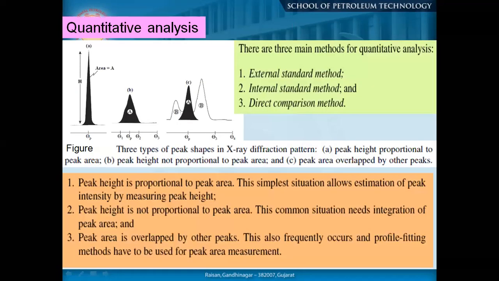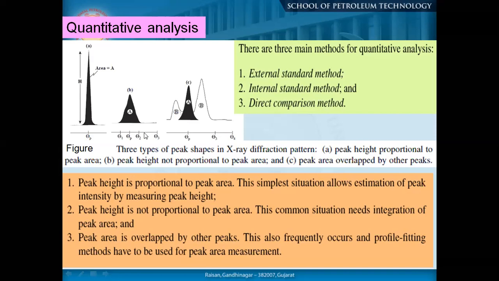Okay, the third one is for quantitative analysis. You see, the quantitative analysis may be done with a few methods. It may be that you are using the external standard method, the internal standard method, or the direct comparison method. Okay, so with 3 peaks, say X-rays, peak height is proportional to the peak area.